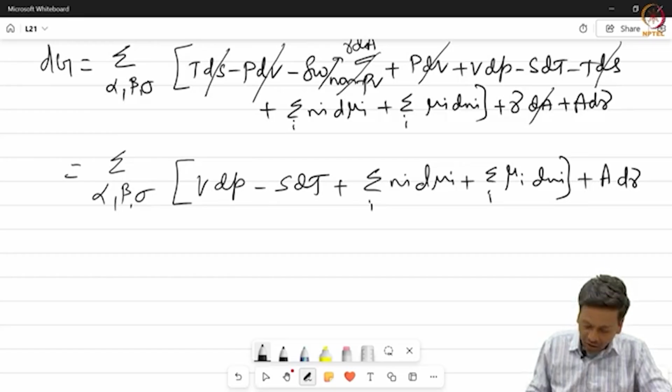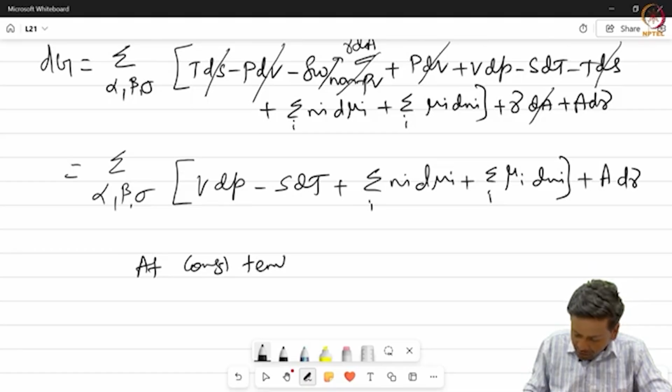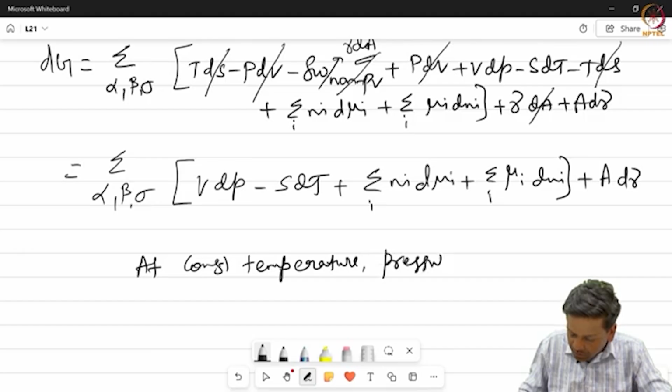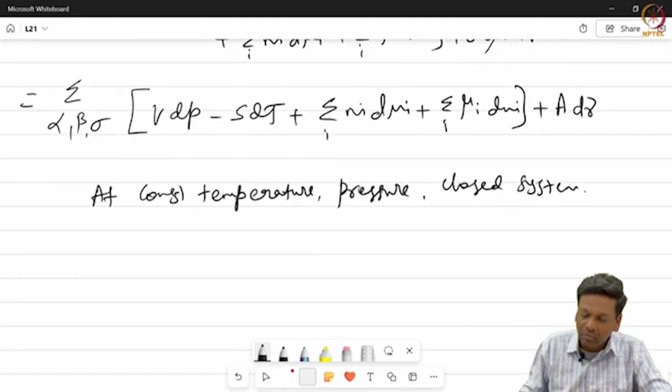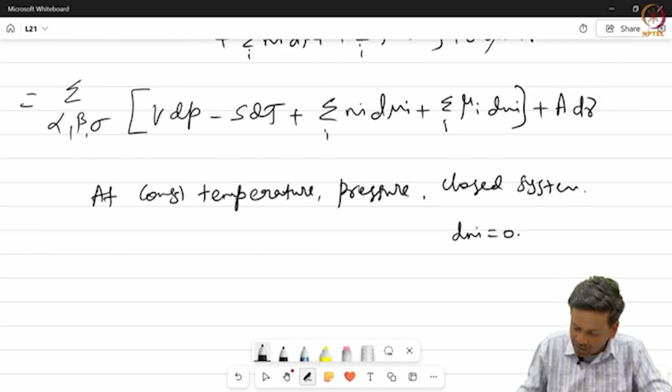Now, let us assume constant temperature and pressure, and also a closed system. For a closed system there will be no mass transfer, so you can assume that dNi will be 0 in such a case.